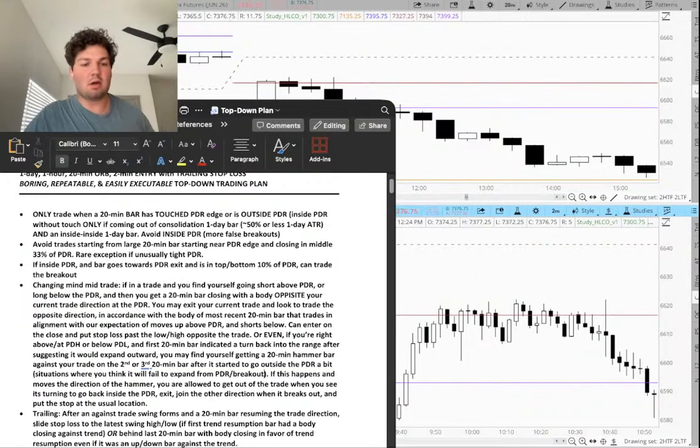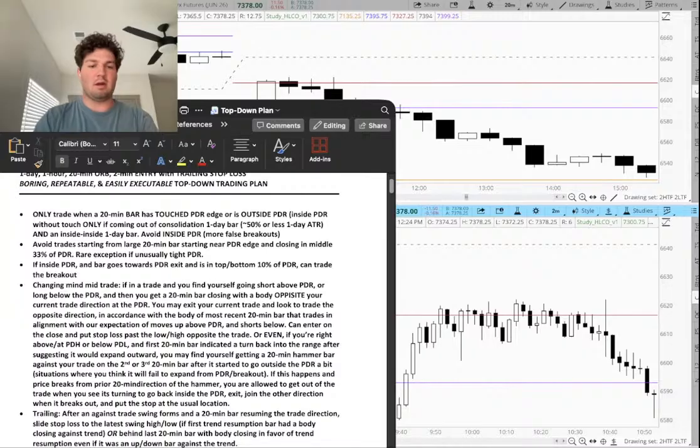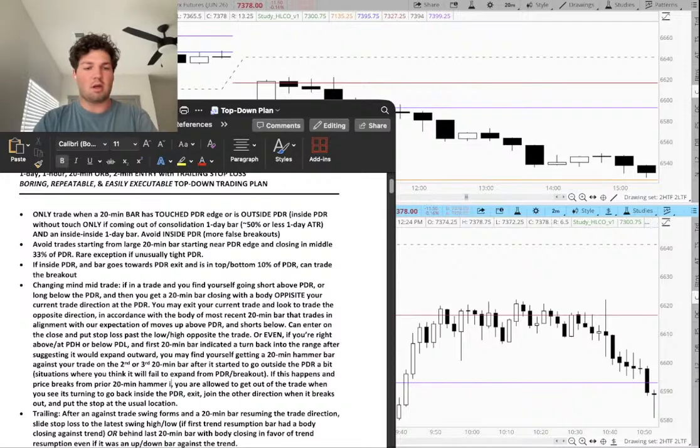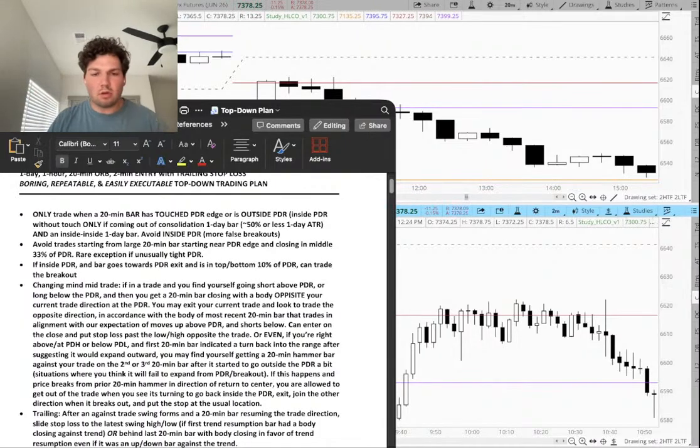If this happens and price breaks from the prior 20-minute hammer in the direction of return to center, you are allowed to get out of the trade when you see it's turning back and going inside the PDR.